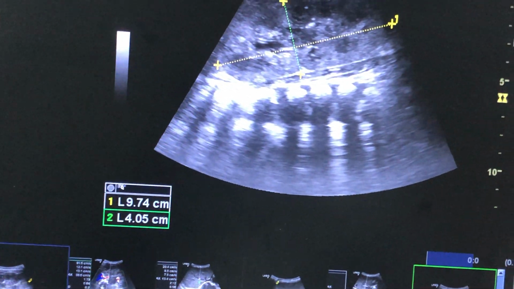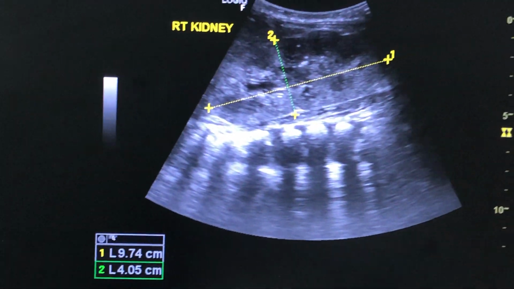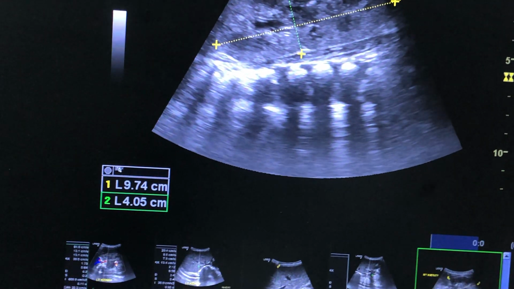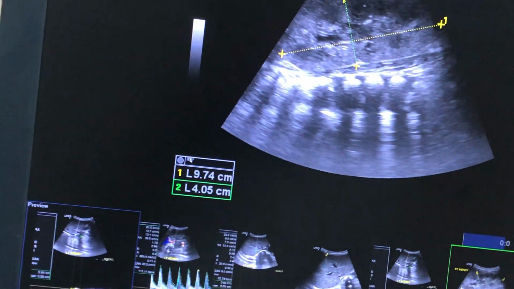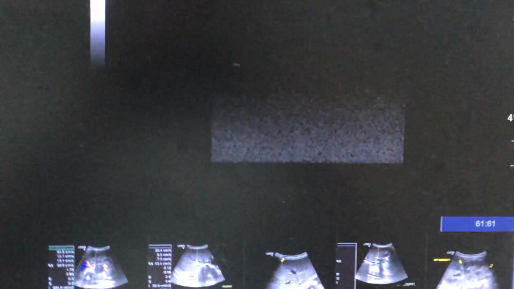This is the right kidney size, 9.7, almost 10, by 4 centimeter. So you also review and let us see what are the possibilities. Thank you.